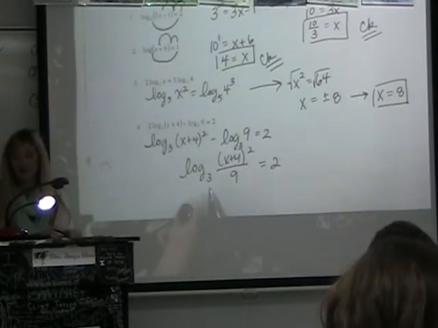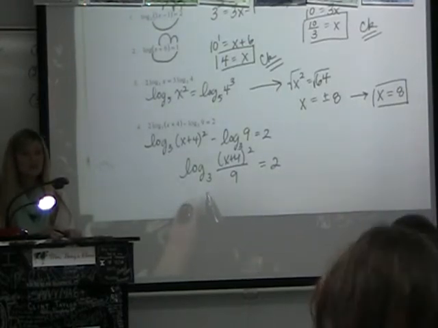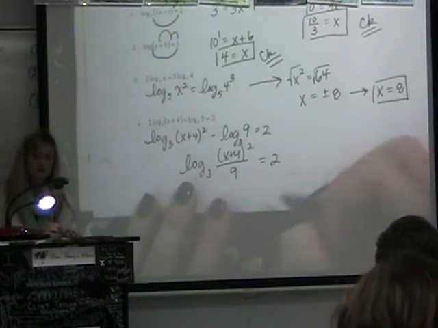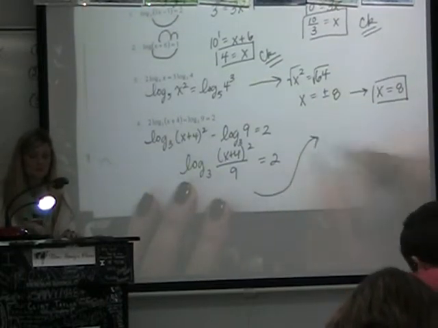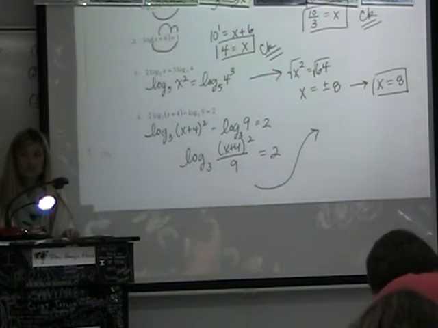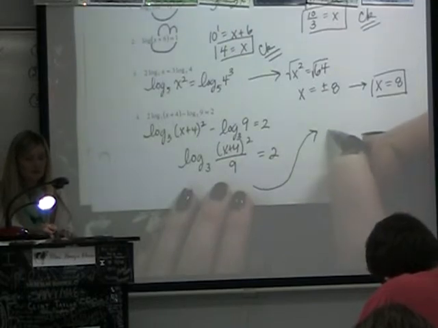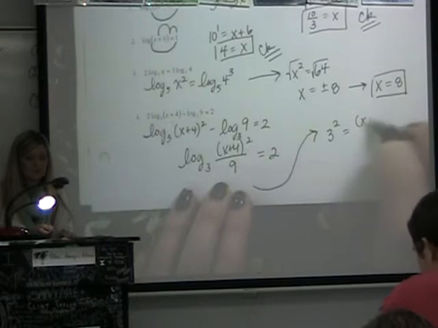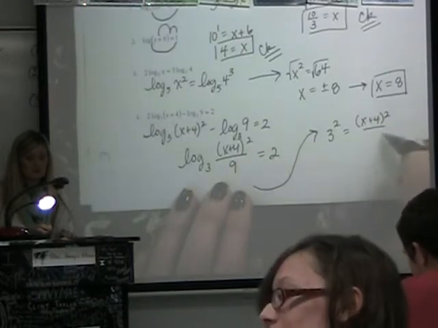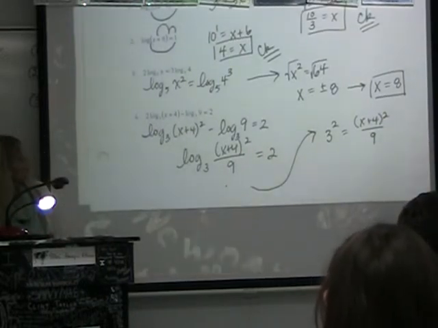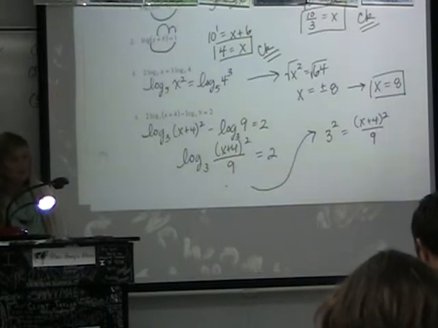That was step 1. Step 2 is to what? Change forms, doing frog on a log. So how would we rewrite this? 3 squared equals (x plus 4) squared divided by 9. Good, 3 squared equals (x plus 4) squared divided by 9.